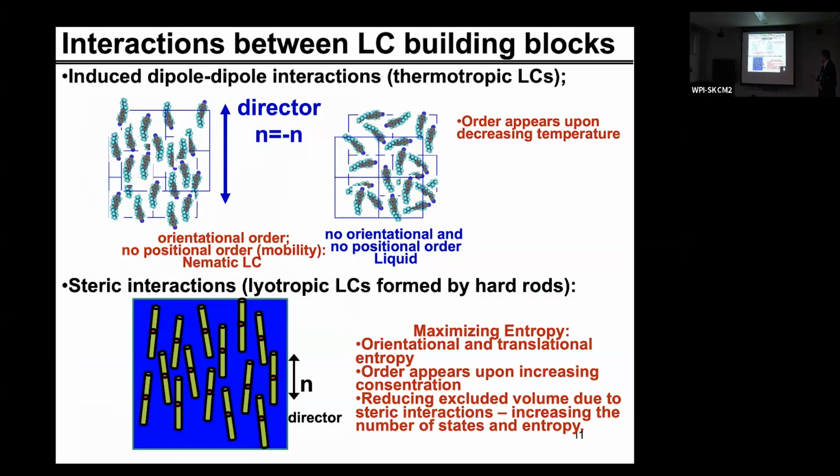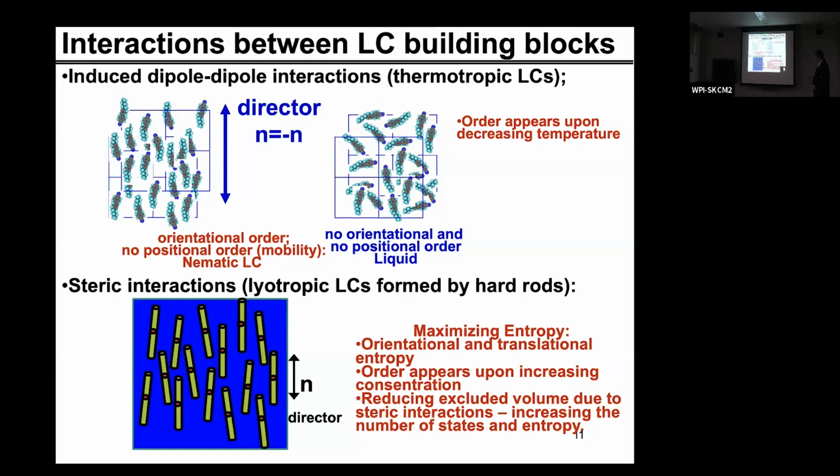In this case, they would be composed of anisotropic molecules like these pentyl cyanobiphenyls that you can see here, that will be either in an orientationally ordered state or in a disordered state, right, in isotropic liquid. And you can have a transition between the two. So there is a temperature range within which liquid crystals are a ground state. In this case, these materials are called thermotropic liquid crystals.